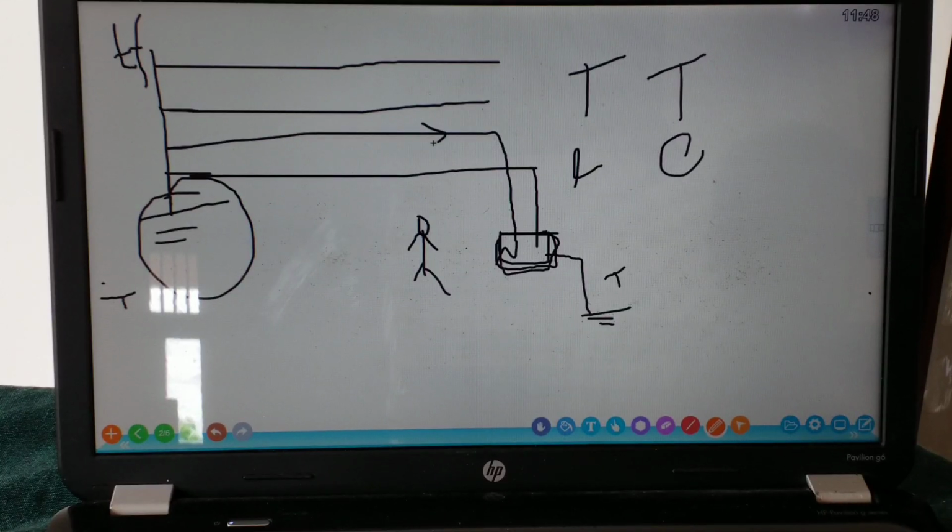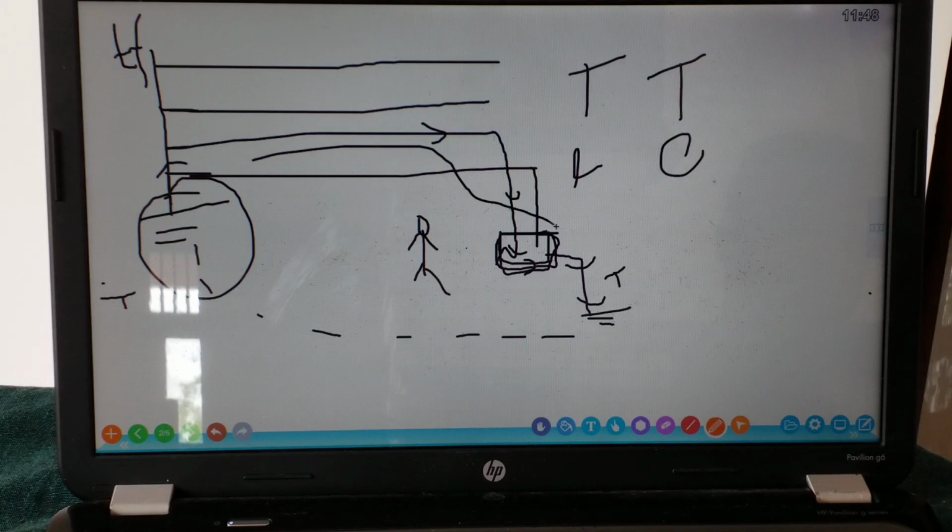Fault current will go via this and to the ground, and via the ground to the transformer, and this will be the fault current path.